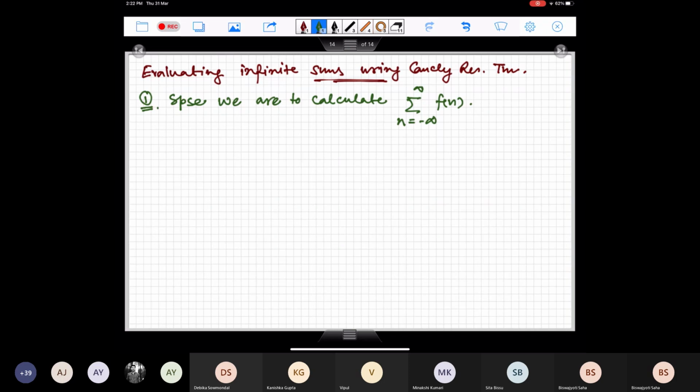Okay, suppose I have to do that, and I would like to use the Cauchy residue theorem. You will agree that by means of the Cauchy residue theorem, I could get hold of the infinite sum only by looking at the contribution coming from the residues.